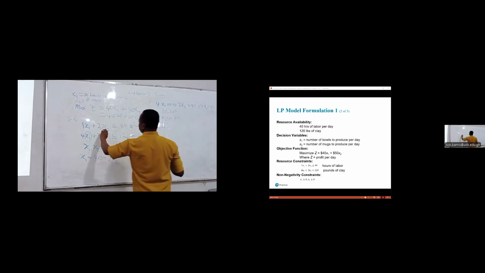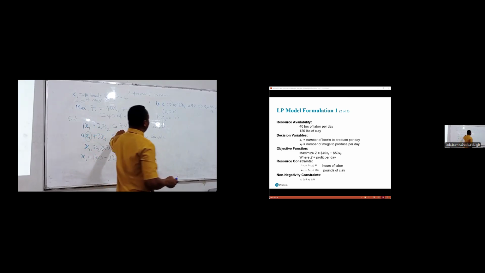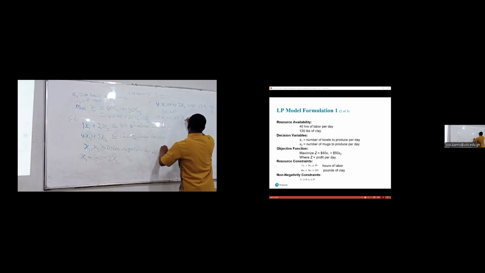Now if x2 is equal to 0, this will be 0, so x1 will be equal to 40.